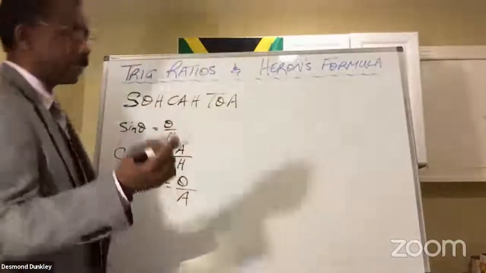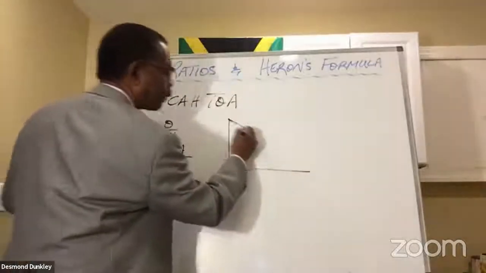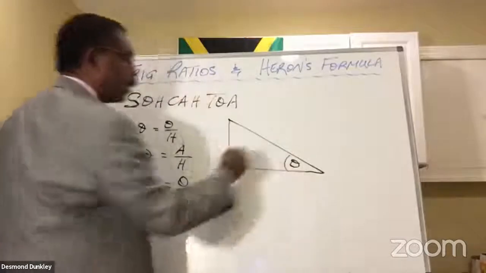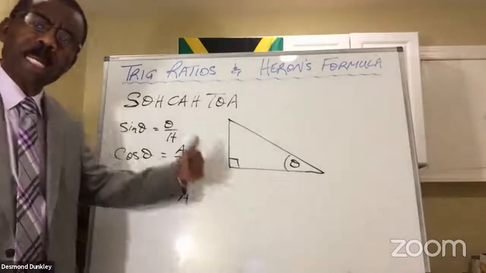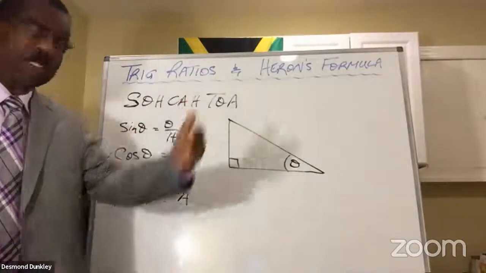We also discussed that you must have a right triangle in order to use the trigonometric ratios as defined with the names of the sides: opposite, adjacent, hypotenuse.